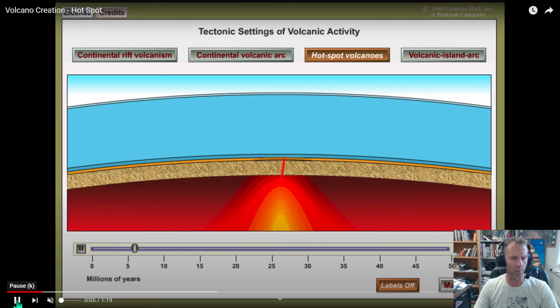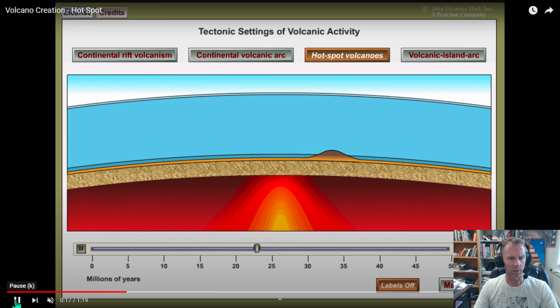You can see the magma working its way to the surface, eventually forming a pile of volcanic material that rises above the ocean to form an island, but that island gets dragged off the hotspot. The magma from the mantle plume remains active, and so that eventually rises back up through that plate that's moving above it, and it feeds another volcano.